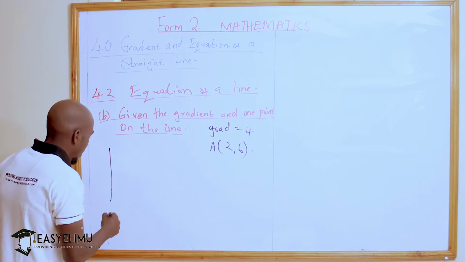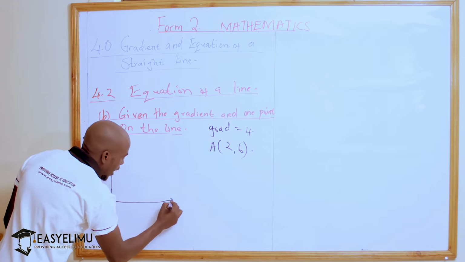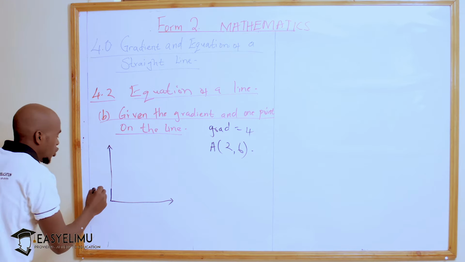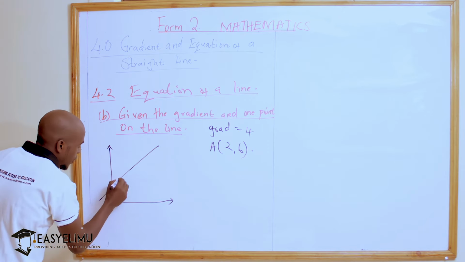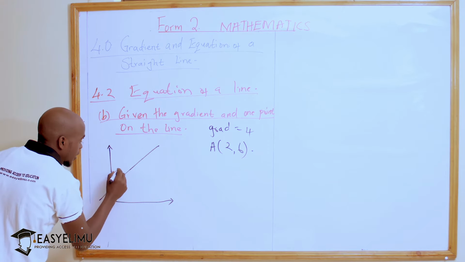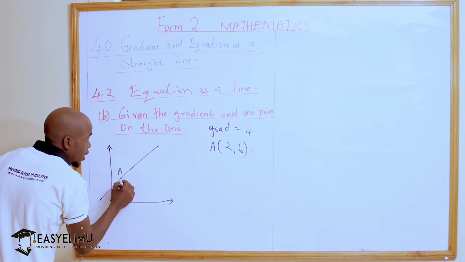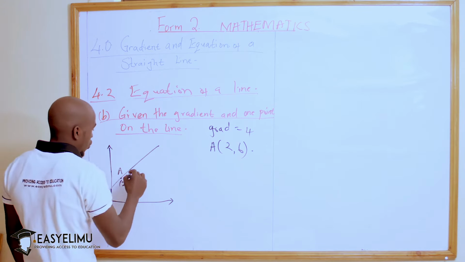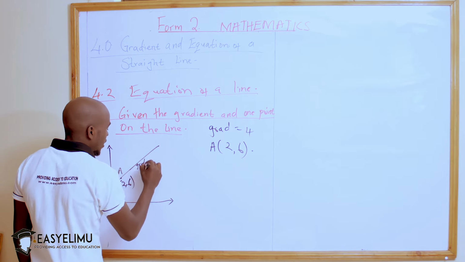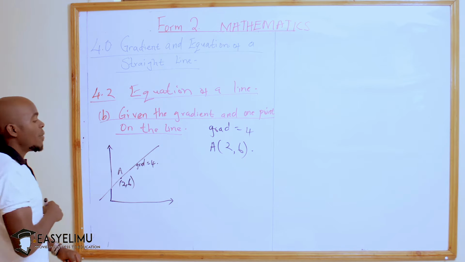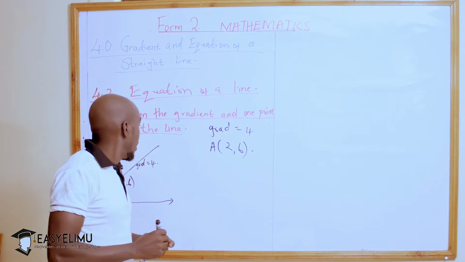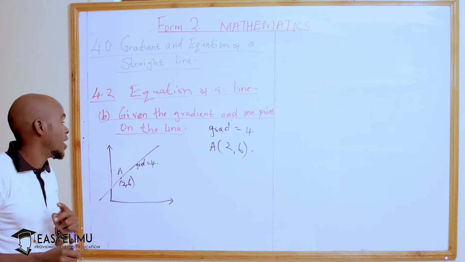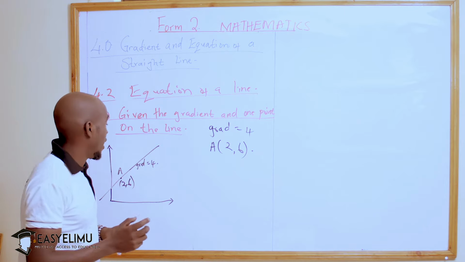In that case, you have a line and you need to find its equation. This point here is A with (2, 6), and the gradient of this line is equal to 4. You are being asked to find the equation of that straight line.